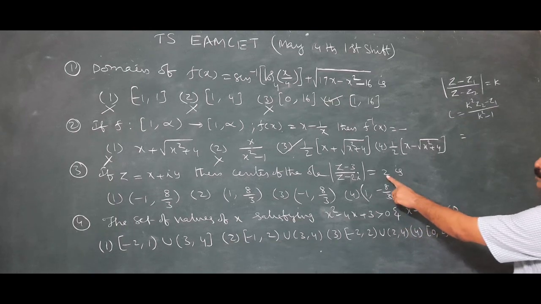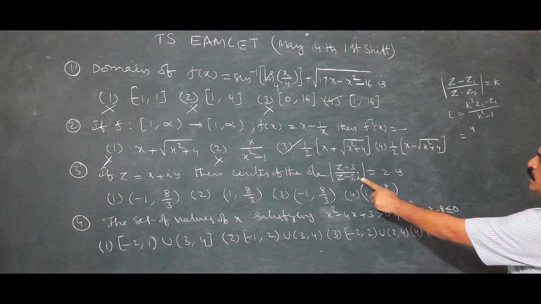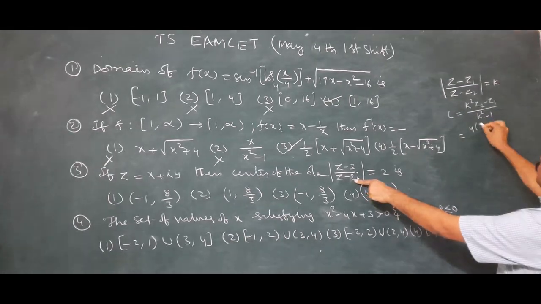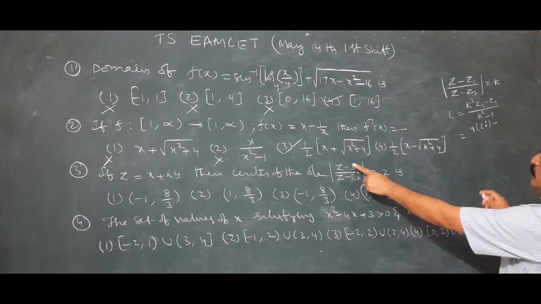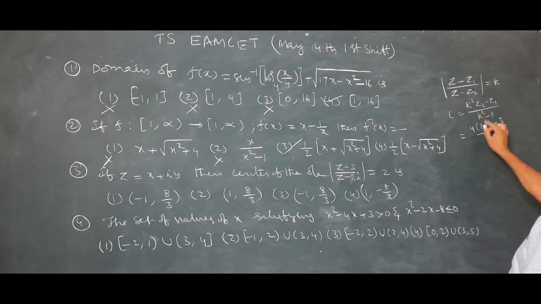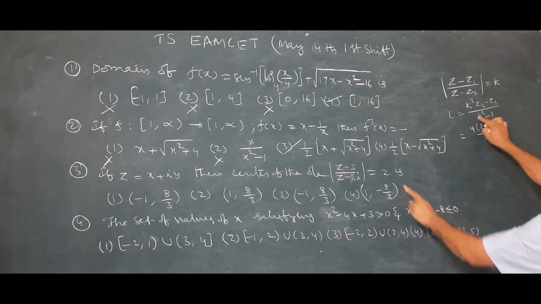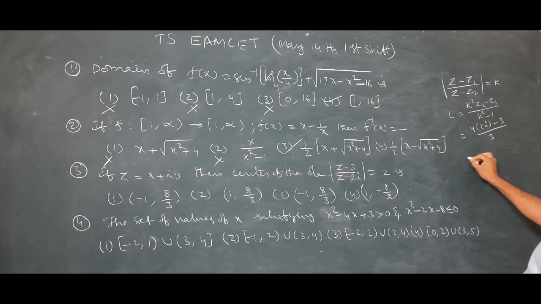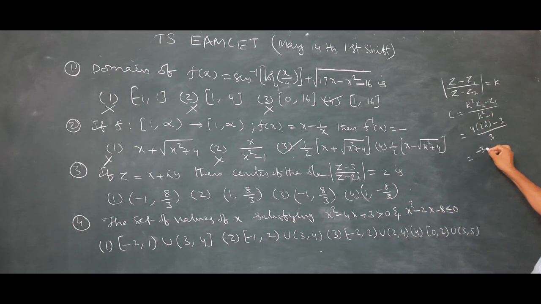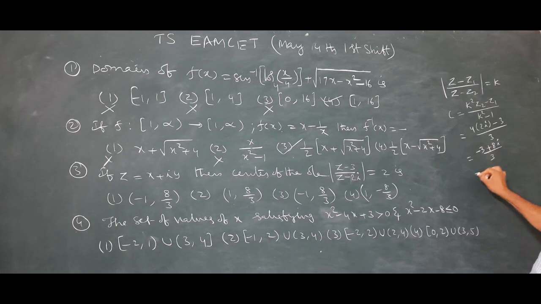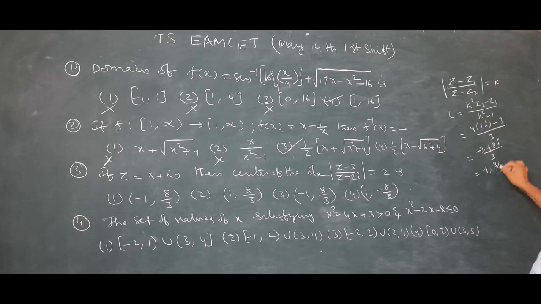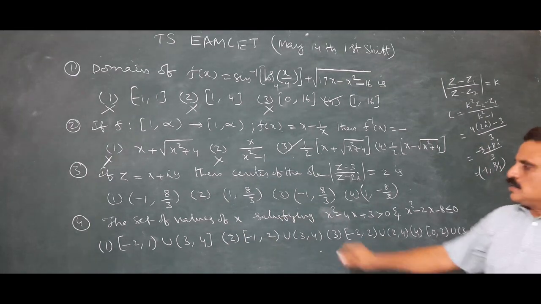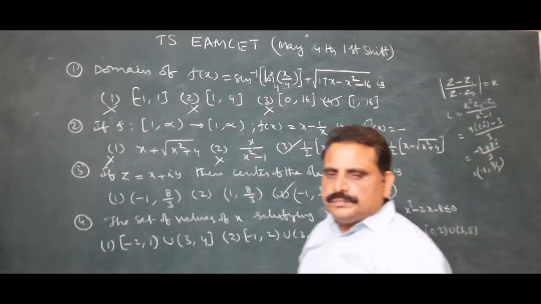K is 2, so 4. z2 is the denominator, 2i, minus z1 is 3, by k squared minus 1; k is 2, 2 squared minus 1 is 3. So that equals minus 3 plus 8i by 3. Split it: the center is (minus 1, 8 by 3). So the third option is the right answer.